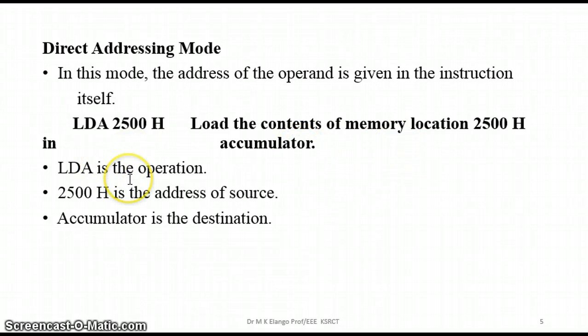Here LDA is the operation, 2500H is the address of the source and accumulator is the destination. So from the 2500H location, 8-bit data is loaded into the accumulator. Here the address of the operand is specified in the instruction, that's why it is called direct addressing mode instruction.